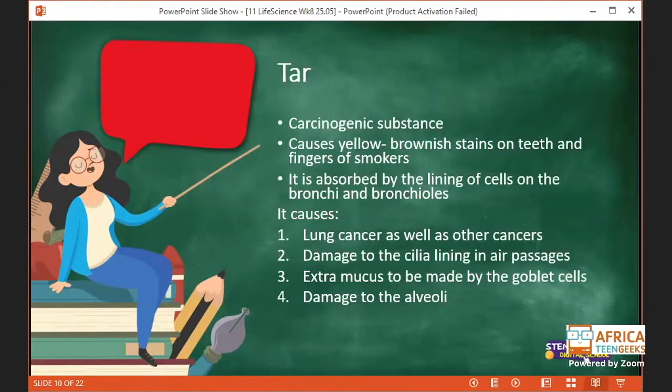Do you have any other answer? Okay, Asamatla also says it is lung cancer, all right?